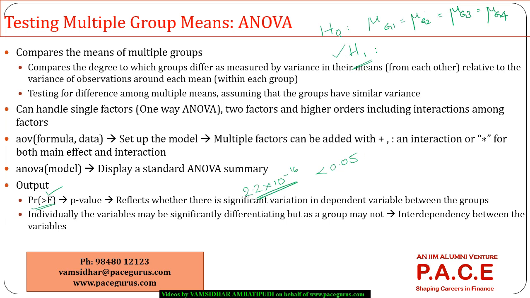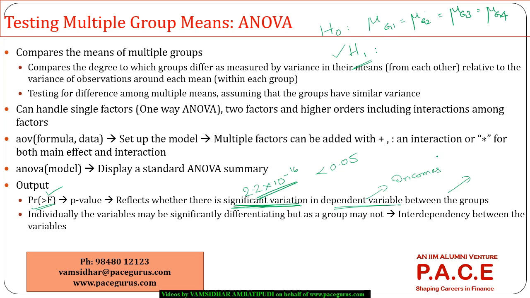The alternate hypothesis says no, the means across the groups are not equal. So there is a significant variation. In this case, I can say there is a significant variation in the dependent variable, which is the income, between the various groups that I have considered. So there is a significant variation in the income levels across the different segments that we have considered.